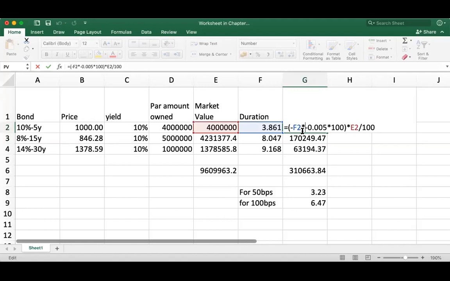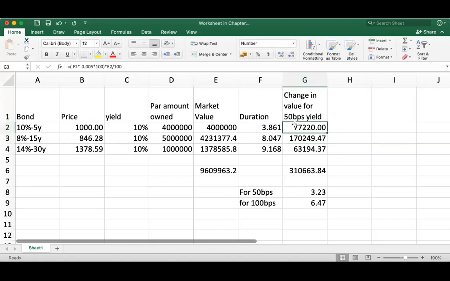F2 duration minus 0.005 into 100 multiplied by E2 divided by 100. So this is the change we will get.